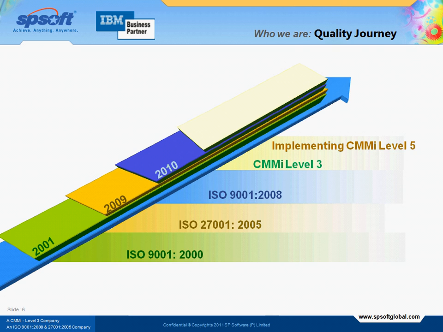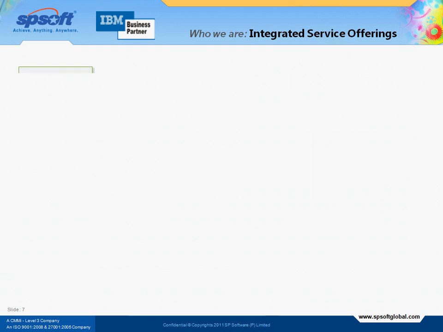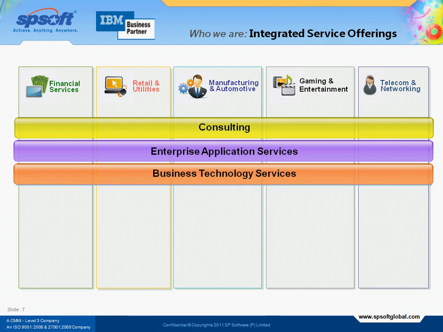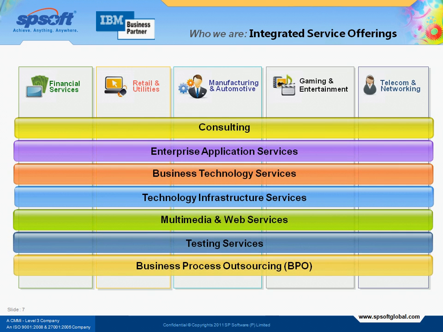level 5. We are already certified ISO 9001:2000, ISO 27001:2005, and 9001:2008. Our diversification is into financial services, retail, utility, manufacturing, gaming, telecom.